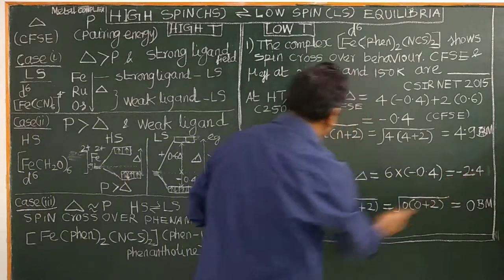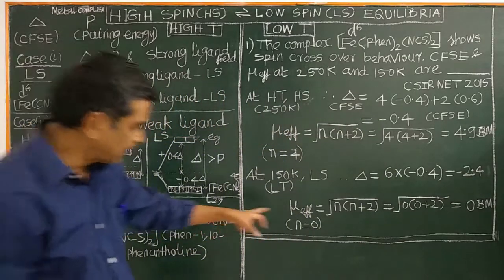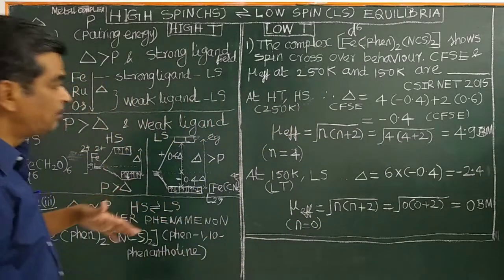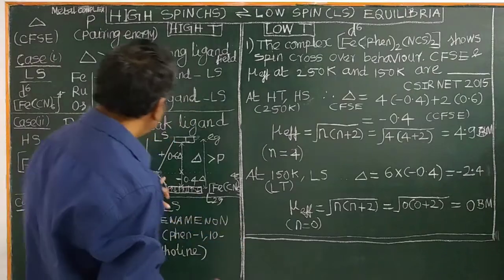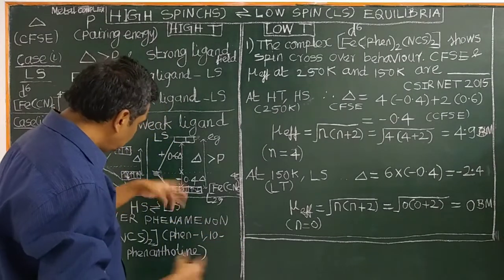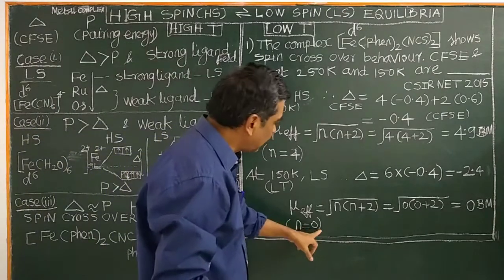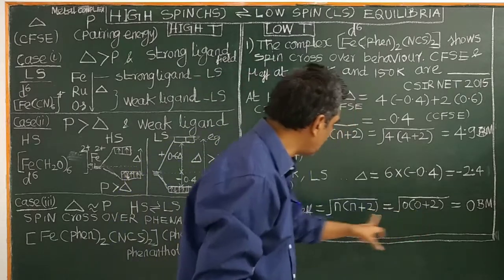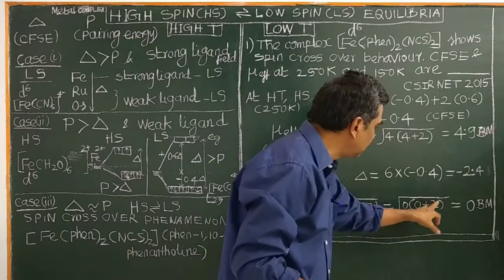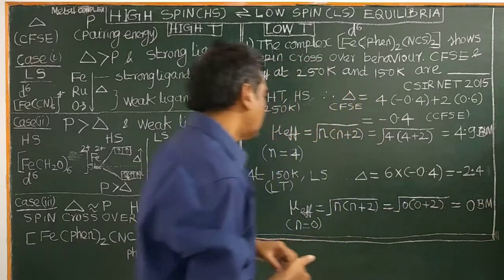Therefore, it equals minus 2.4 delta. The spin only magnetic moment is calculated. Here there are 0 unpaired electrons. Therefore, n equals 0. Substituting in this formula, 0 into 0 plus 2, therefore 0 Bohr magneton.